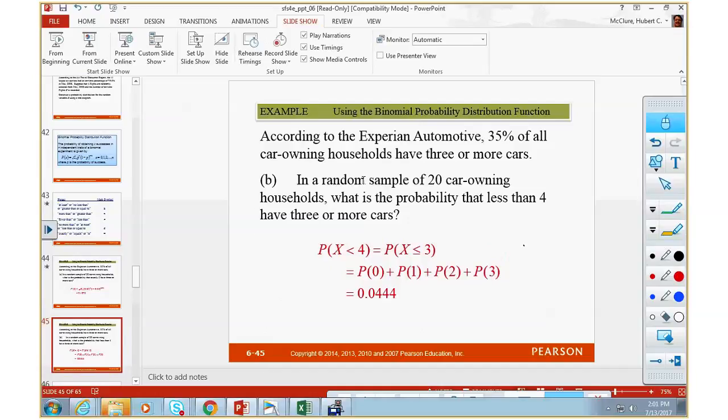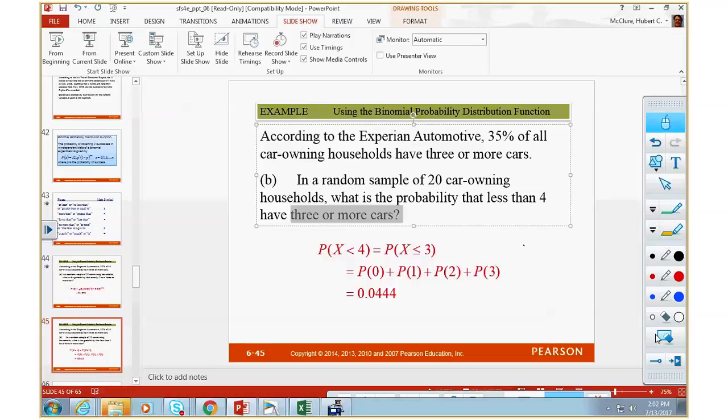What is the probability that less than 4, blah, blah, blah? Okay, forget this. Mark that out. Don't even look at that. Less than 4. So that means 3, 2, 1, and what? 0.